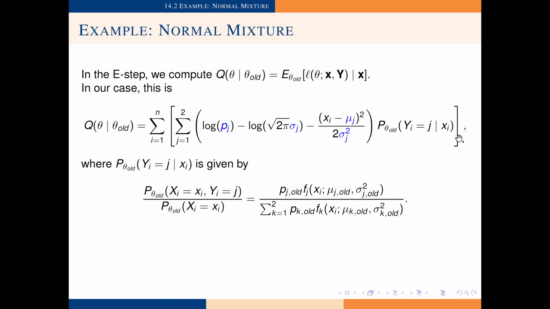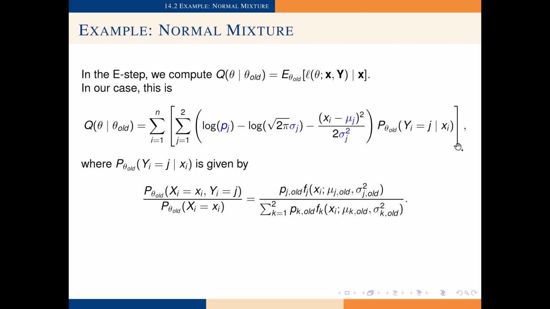So what is this latter term over here? You can see that we're essentially summing over the two possible classes, the complete data likelihood, and plugging in that particular j, and the probability that yi takes that particular j, which is either class 1 or class 2.